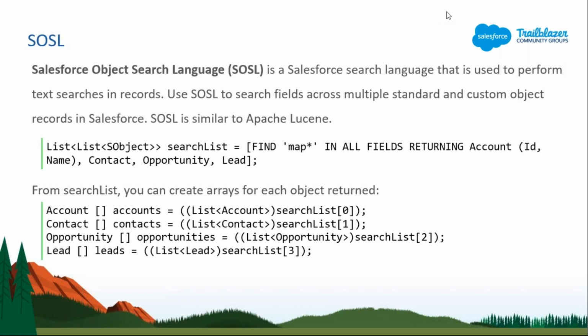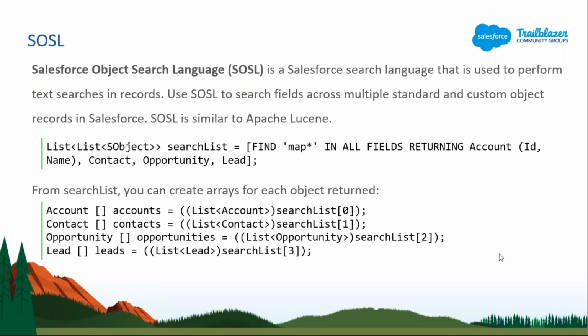As I already mentioned, SOSL is Salesforce Object Search Language, and it is the same as Apache Lucene. You might have heard about it or not, I don't have any idea, but this is the same.